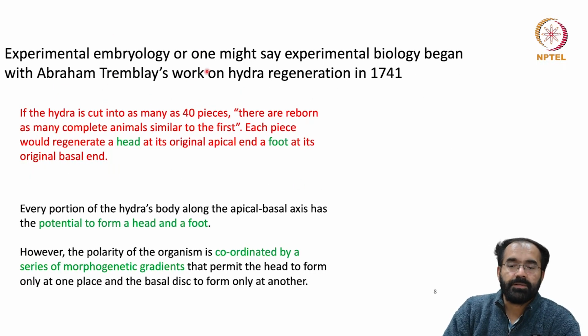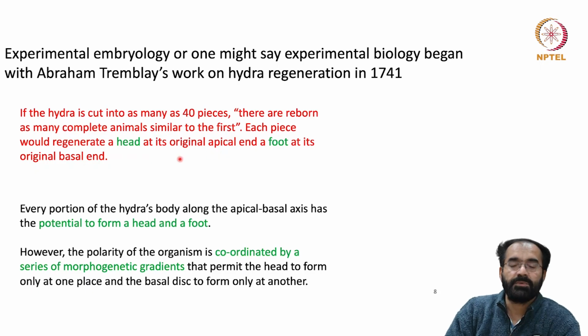Experimental embryology, or one might say the experimental biology of hydra, began with Abraham Trembley's work on hydra regeneration, that was done in 1741. That means almost 300 years ago. People knew about hydra regeneration in a recorded form.